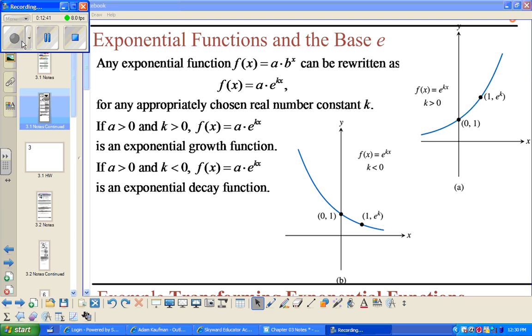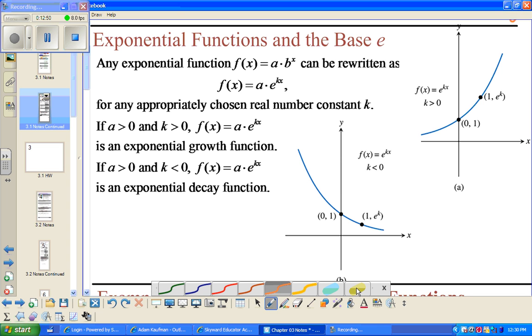I have that written here also, and then you can also see the graphs that correspond with those. What's nice about that is now when you're using e for your exponential function, you're focusing on k.